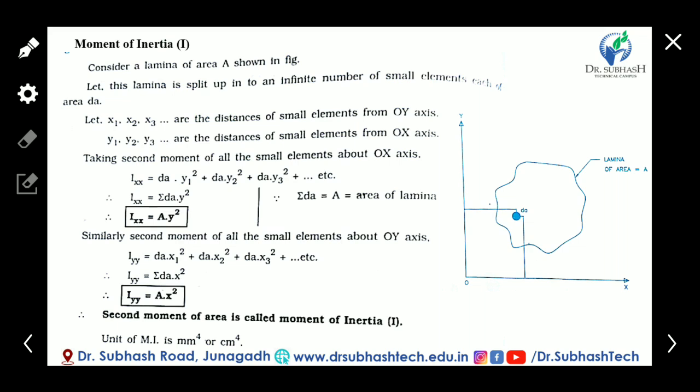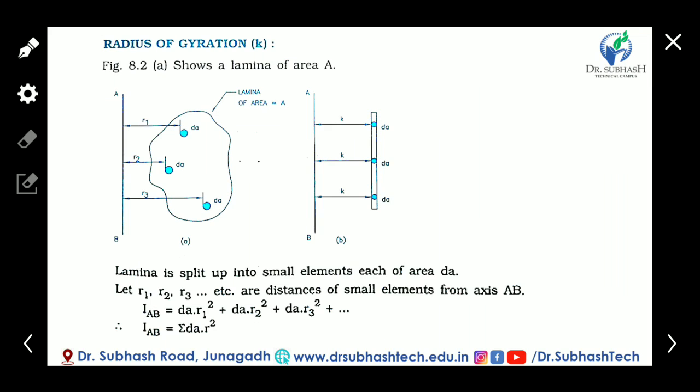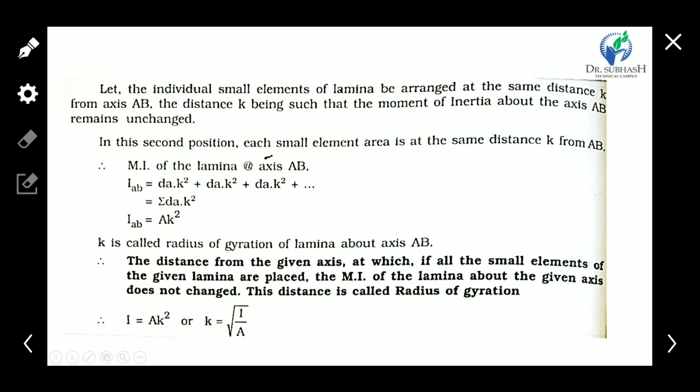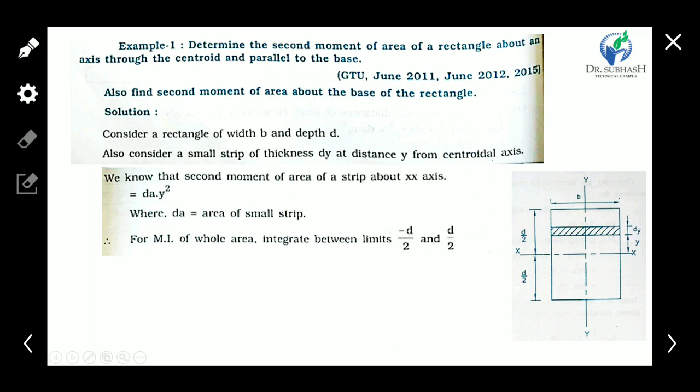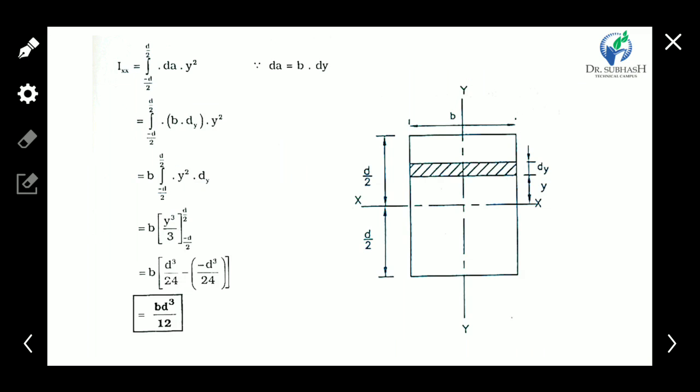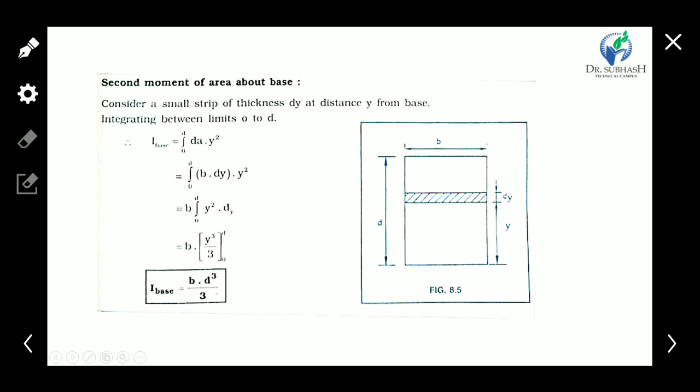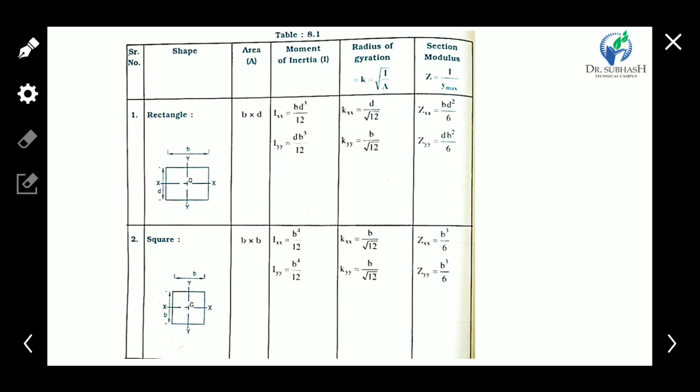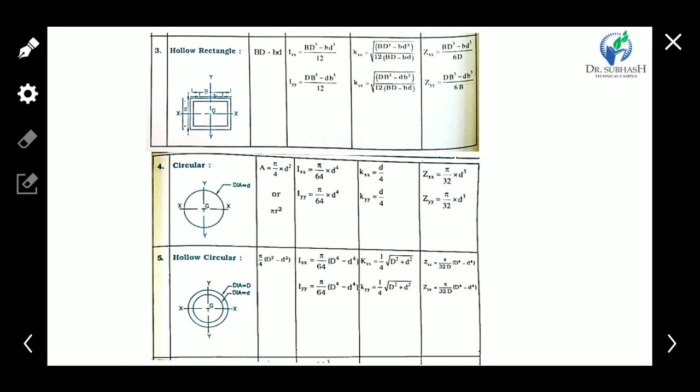We see how to derive its equation, the radius of gyration, the section modulus, and the formulas of moment of inertia about Ixx and Iyy and I base, for regular shapes.